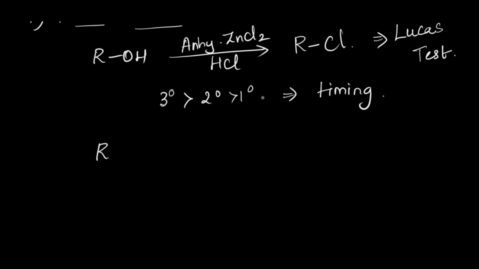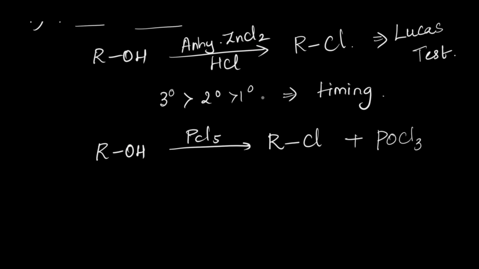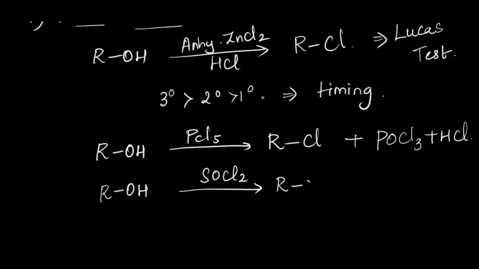Then if I'm taking ROH and treating it with PCl5, as usual the substitution happens, giving RCl along with POCl3 and HCl. In other terms, I can use SOCl2, which will again give you RCl, with SO2 gas and HCl in gaseous form.